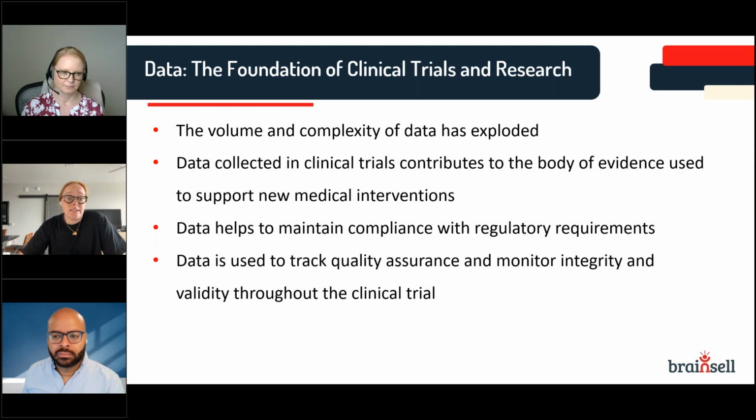And then finally, data is used to track quality assurance and monitor the process of a trial. Monitoring the process and quality really helps to maintain safety, monitor patient safety, etc., and it helps maintain the integrity and validity of the study results.